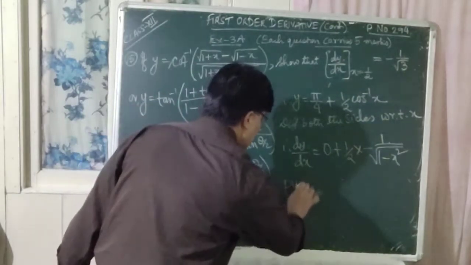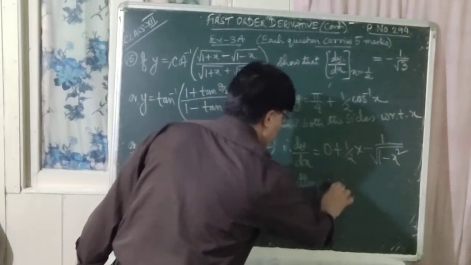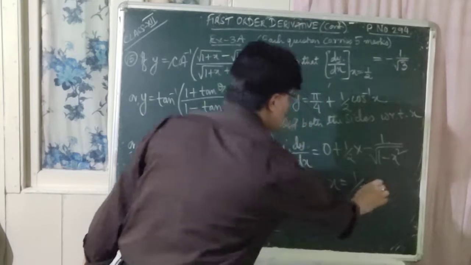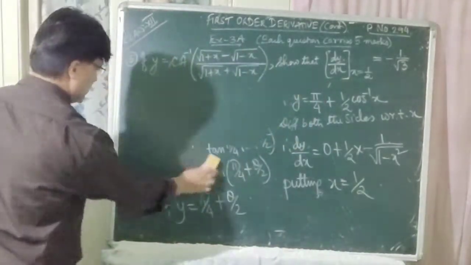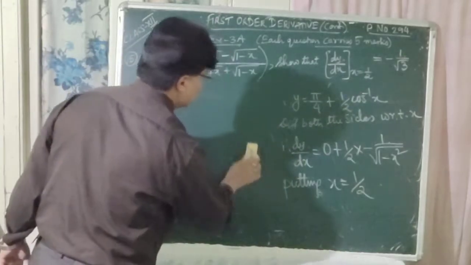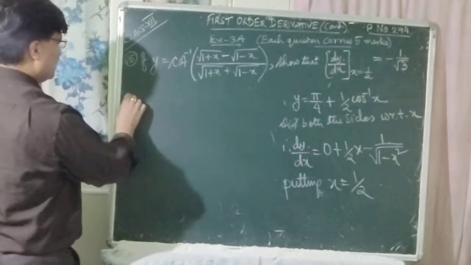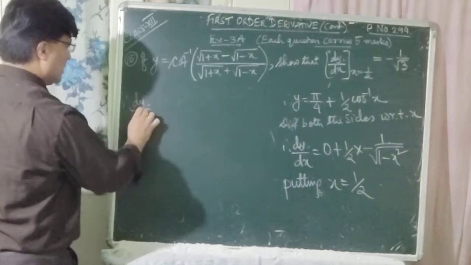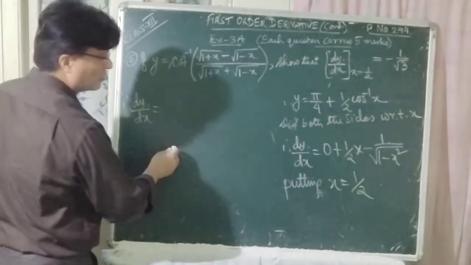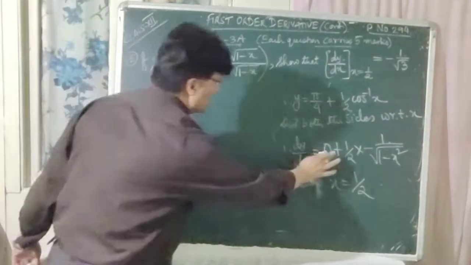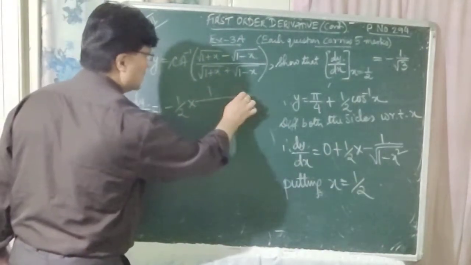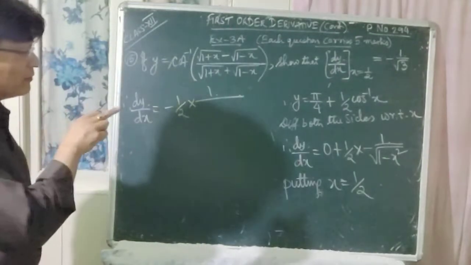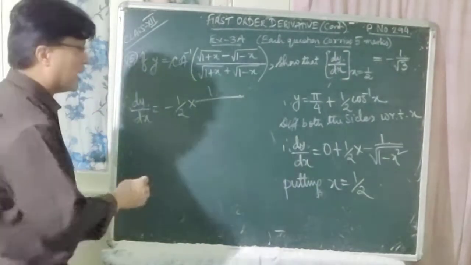So putting x is equal to half, what do we get now? Yes, tell me, what do we get? Putting x is equal to half, dy by dx is equal to 0 plus, minus half into 1 upon, so wherever there is x, you put x is equal to half.